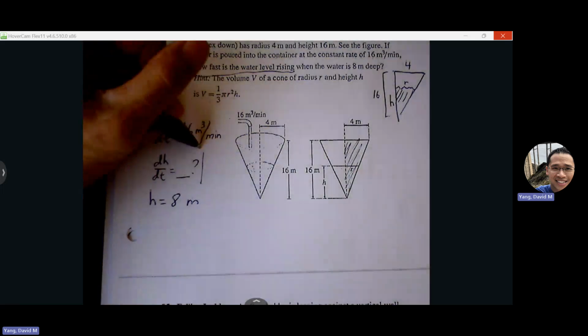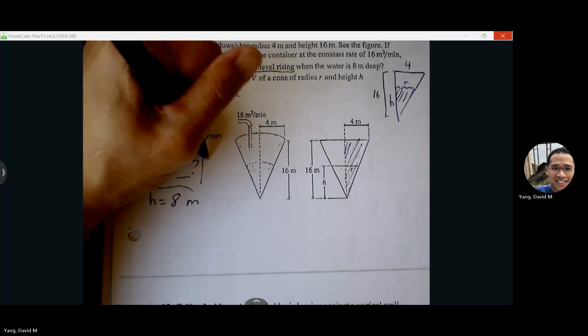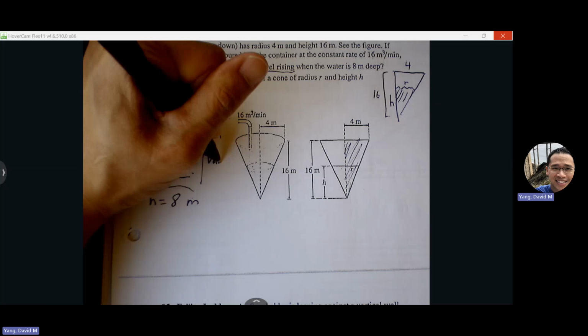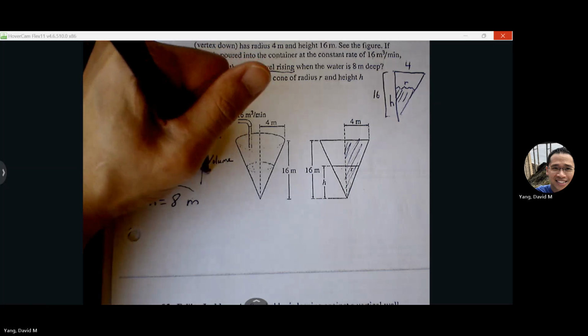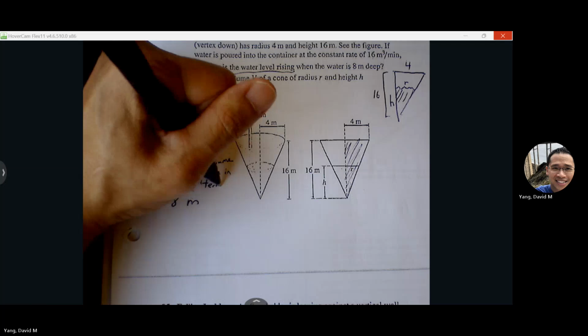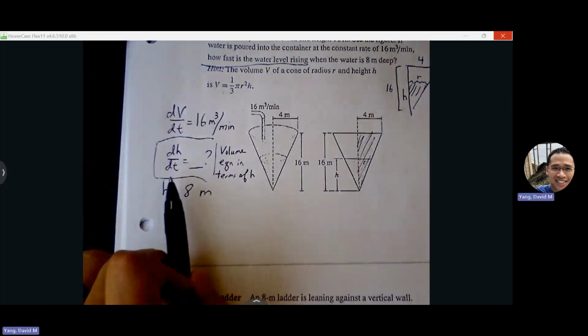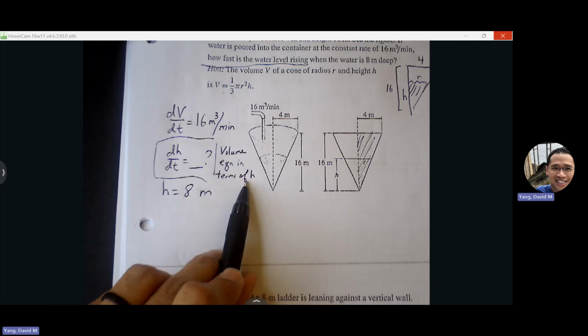So we want our volume equation in terms of H, right? We want that dH dt to show up, and the H variable will naturally get that dH dt.